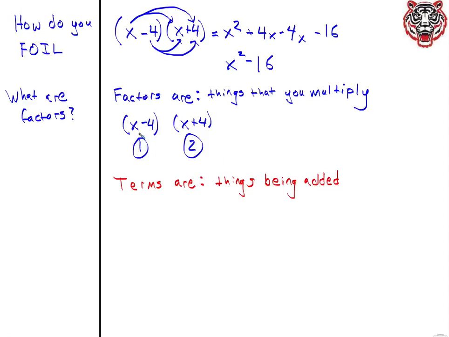Usually it refers to an individual component. So the terms in this one were x being subtracted, or added, maybe put that in parentheses, or subtracted, or minus. So x was a term, negative 4 was a term, x was a term again, and 4 was a term. All of those were terms.